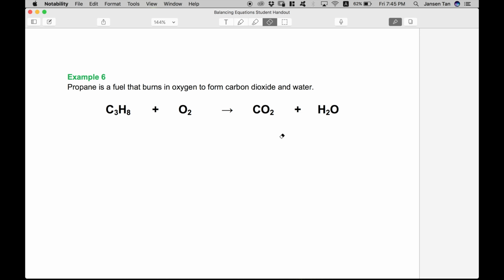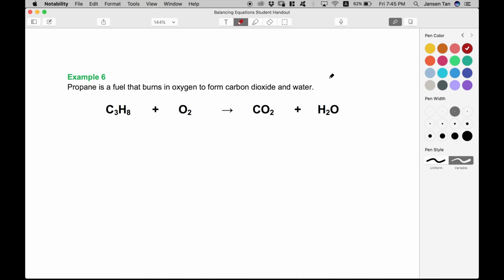Now you try to apply the same rule or tip to balancing the combustion of propane. Okay, again, going in the order, balancing carbon first, then hydrogen, then oxygen. Okay, so pause the video and try that now. Alright, so again, to balance carbon, there is 3 on the left, so this side must be 3. Then we balance hydrogen, there is 8 here, so 4 times 2 is 8.